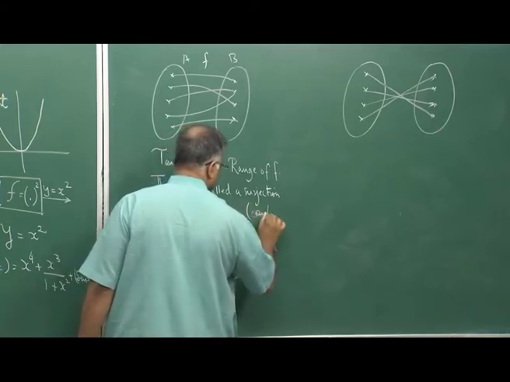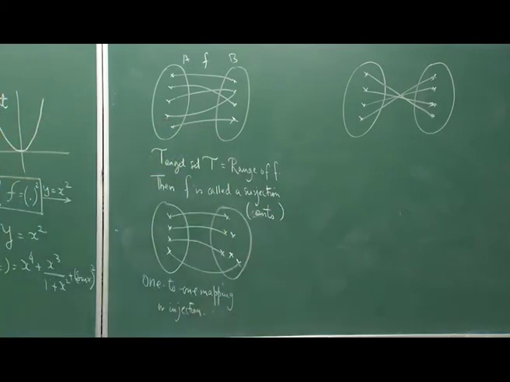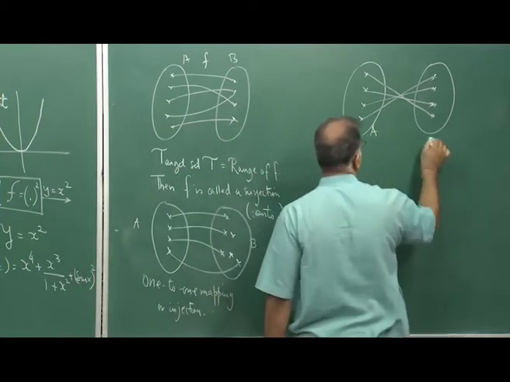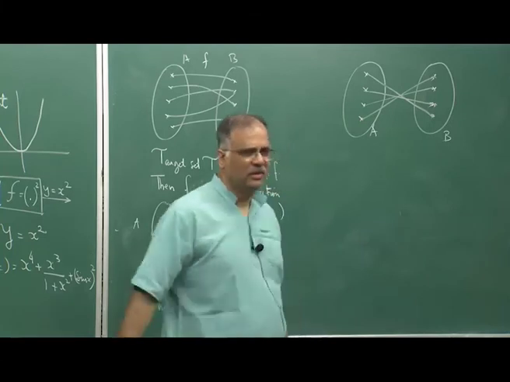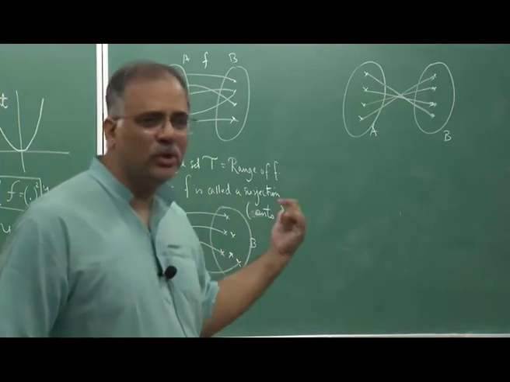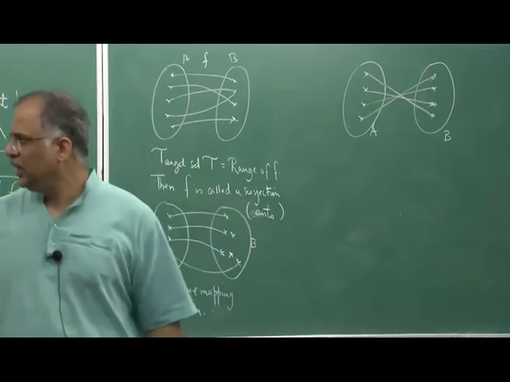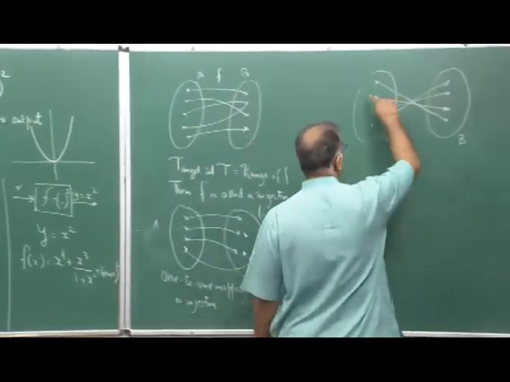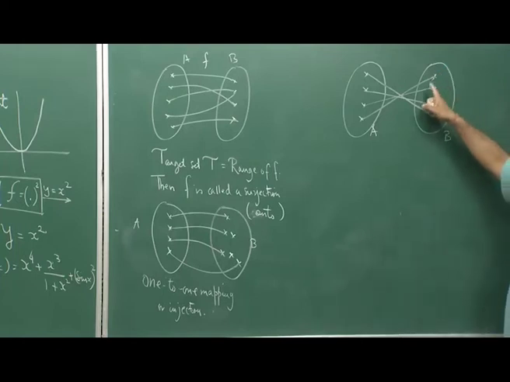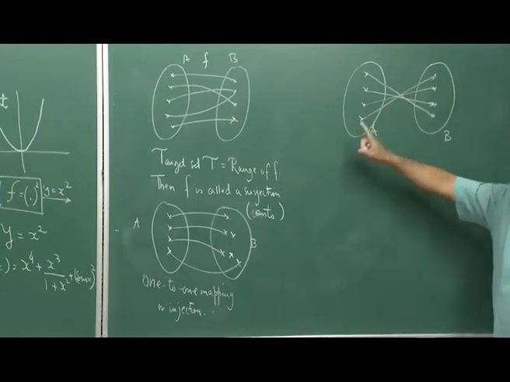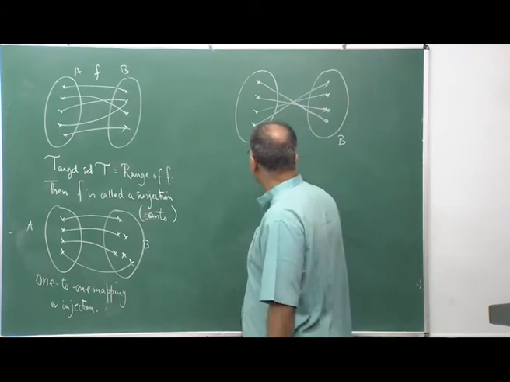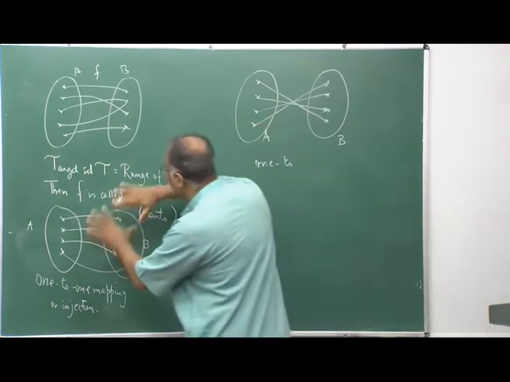So, when you have such a situation, then what we have is a one-to-one correspondence. That is, if I come from an x to y, I can go back from that y to x. It is a two-way street. And so, this is called a one-to-one correspondence or a bijection, which is this and this together.